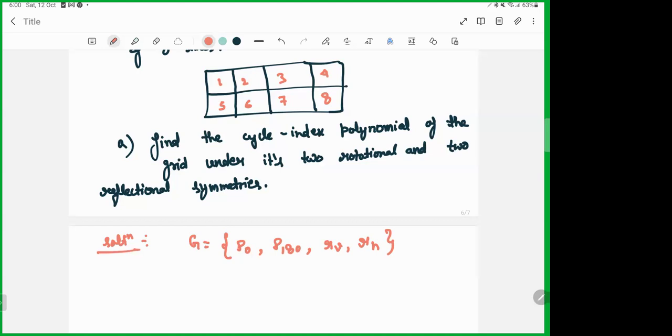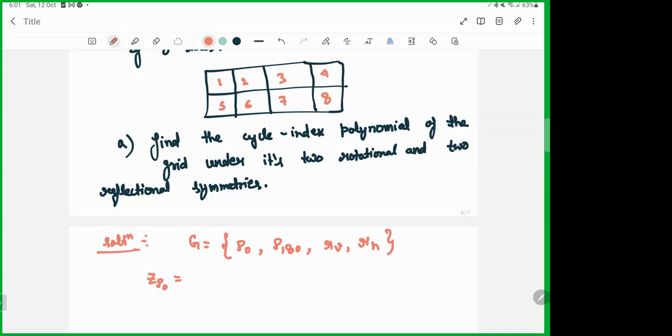What is the cycle index monomial for rho 0? First we define the monomial, then we write the polynomial. The monomial consists of terms x1, x2 and so on, where the power of x1 represents the number of cycles of length 1.